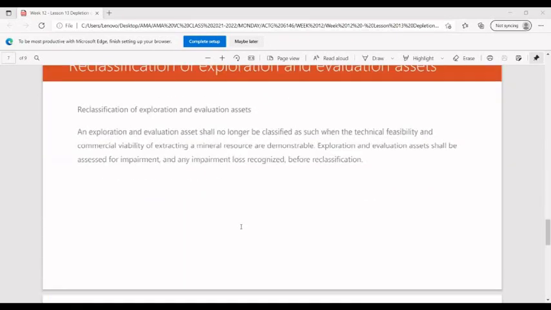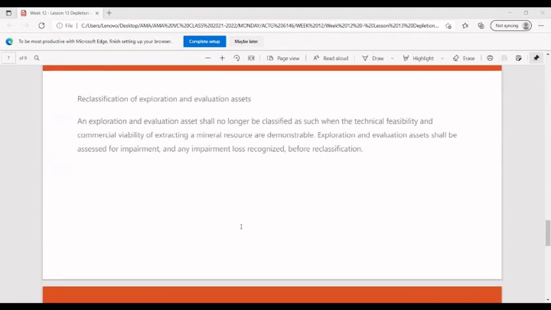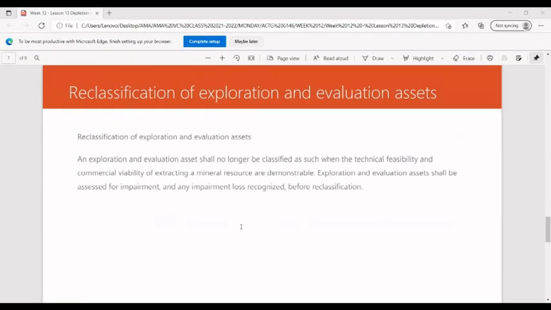I already explained it paulit-ulit sa inyo when we discussed property, plant, and equipment last meeting, which is one of the tangible assets also.